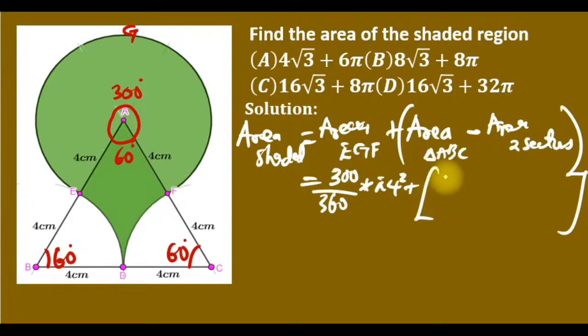Since this is an equilateral triangle, the area is always root 3 over 4 times side squared, and the side is 8, so we have 8 squared, minus the sector. Remember, they are the same, so we will find the area of one and multiply by 2, so 2 times 60 over 360 times pi r squared, which is pi 4 squared.